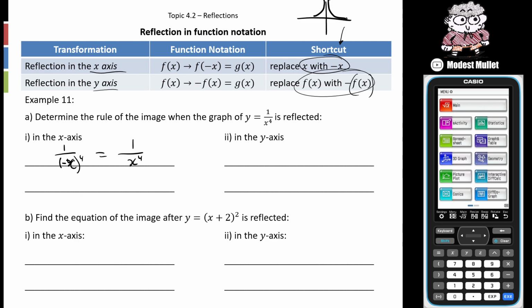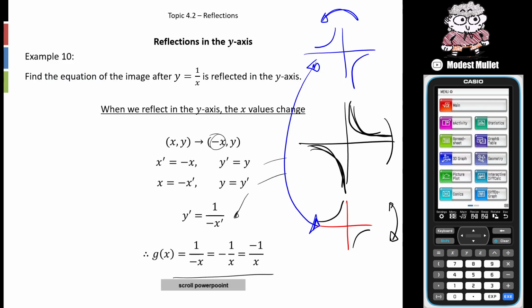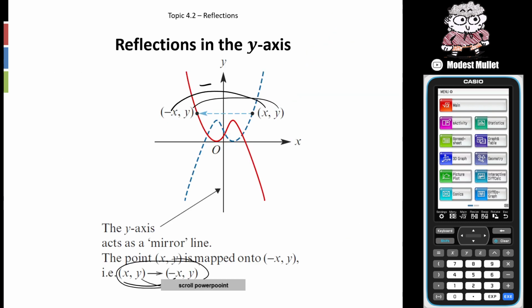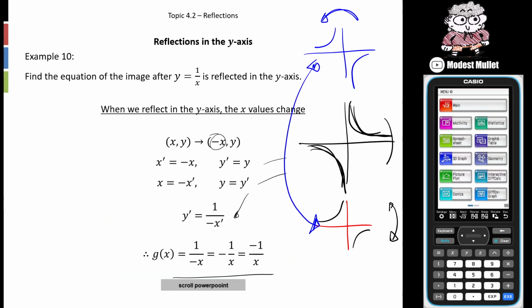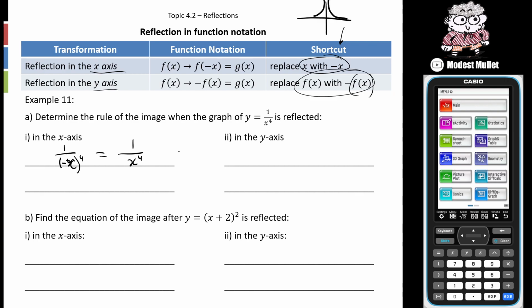So if we reflect that about the x, hold on, what am I doing wrong here? There's something I reckon I've put wrong on this slide. Let's come back here. And this is where, when something doesn't match what you expect, because if we reflect in the y-axis, this should stay the same.